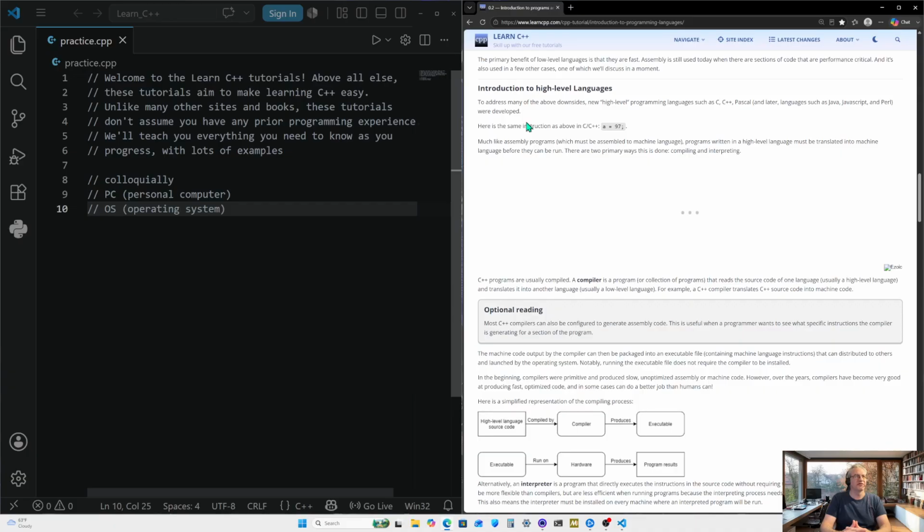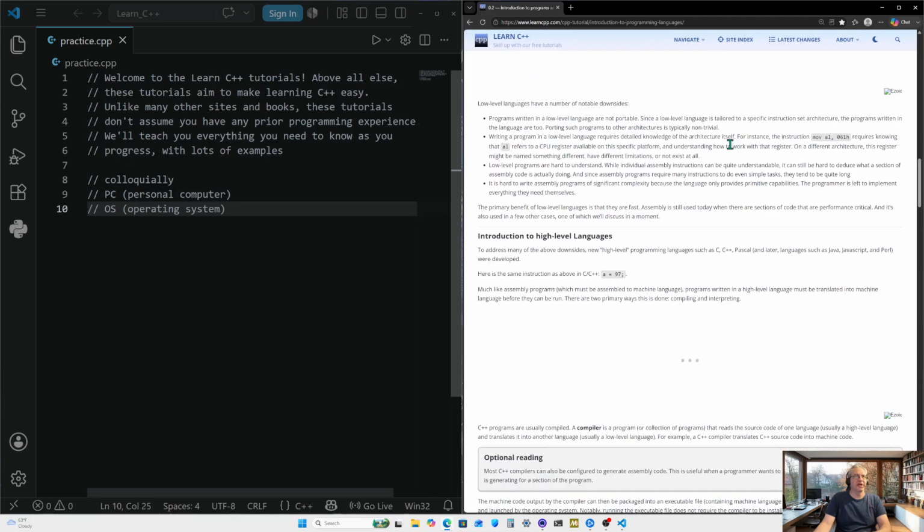Here are the same instructions as above. So the same set of instructions that we had right here with the move AL, 061H. From assembly language to C++ or C would be A equals 97, or A is set to 97.